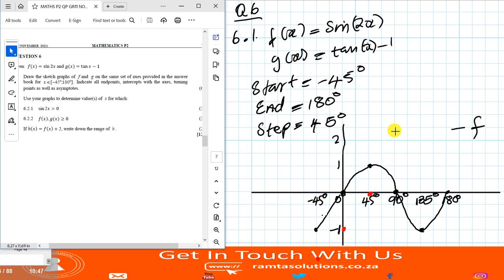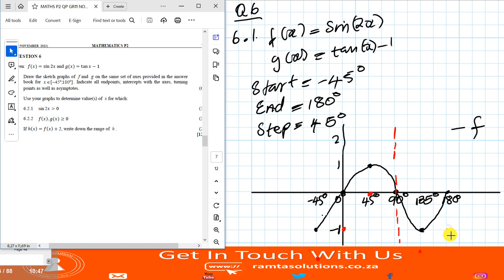At 90, this does not exist. And then at 135 you have -2, let me say it's somewhere here. And then at 180 you have -1. Be careful.